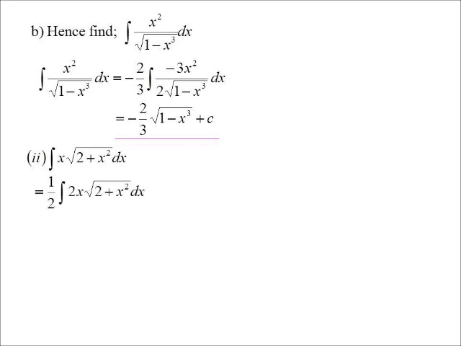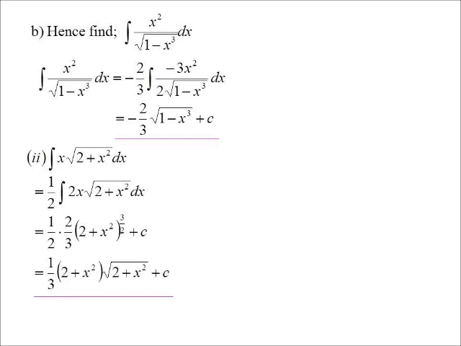So if I multiply by the 2x and divide it by a half out the front, my integral now has the derivative times some function to the power of n. So I can just add 1 to the power over the power. So 3 on 2 divided by the 3 on 2. And there's our answer. A bit of work to be done, of course. Half times 2/3 would be 1/3. And a mere mortal would leave it in index form, but we'll put it as 2 plus x squared root 2 plus x squared.